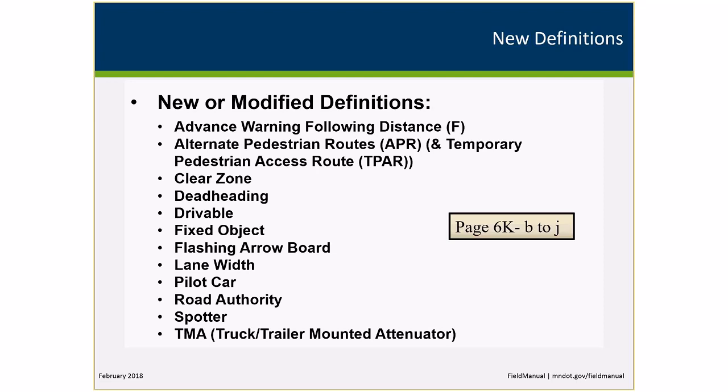So we ended up modifying the definition that's given in the AASHTO Roadside Design Guide, clearing it with the Minnesota Committee of Uniform Traffic Control Devices. We added a table of recommended clear zone distances, and that was added into the field manual. I'll talk about more of that when we get to roadside safety.